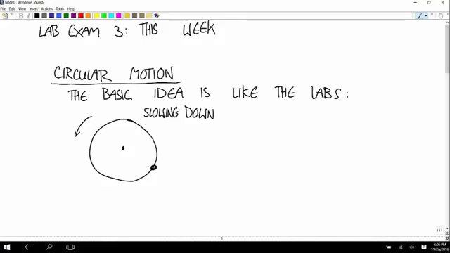Then the velocity vector would be like this. Since it's slowing down, the parallel part of the acceleration is like that. And it's turning this way, so the perpendicular part of the acceleration is like that.